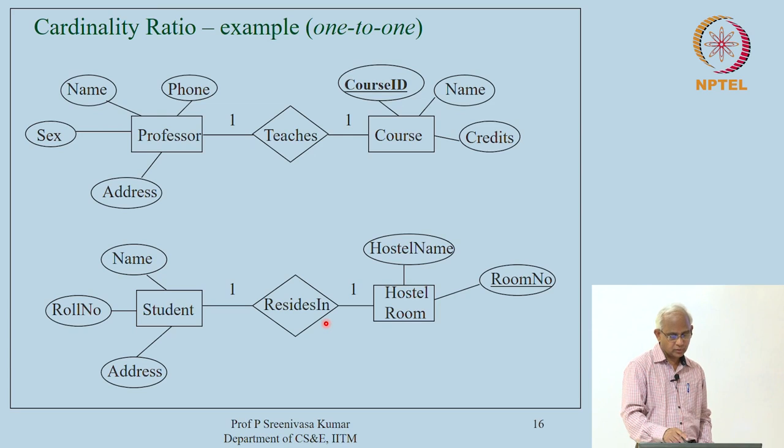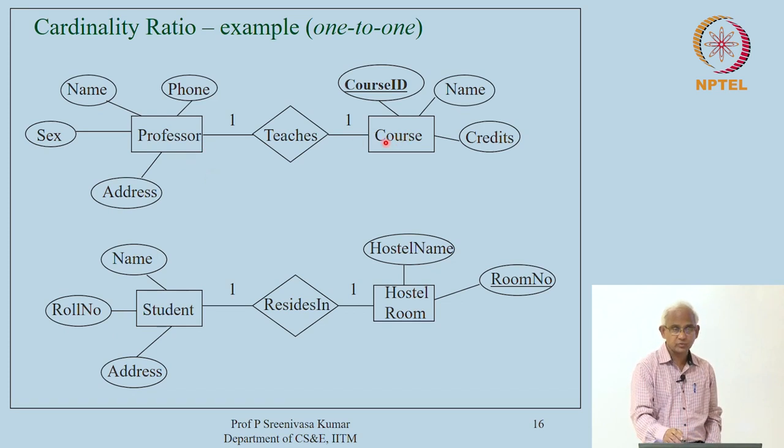Right. If you say that these are maximums, then you might wonder whether there can be a course without any teacher. We do not normally expect that in this kind of model. If a course is there, it is to be taught by somebody.